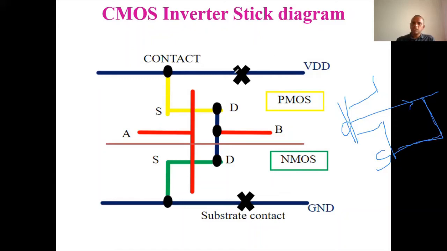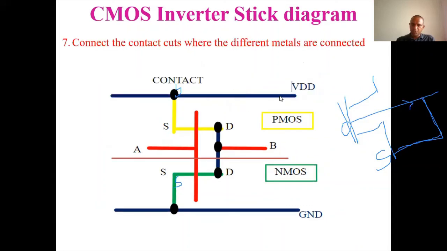That's why here this is the source of PMOS and this one is the source of NMOS. In the previous diagram, we didn't have any substrate representation. We just used the source symbol of PMOS and the source symbol of NMOS, so we have not connected the substrate. If you don't connect it, you would have to represent the substrate here, but that's not the rule here.